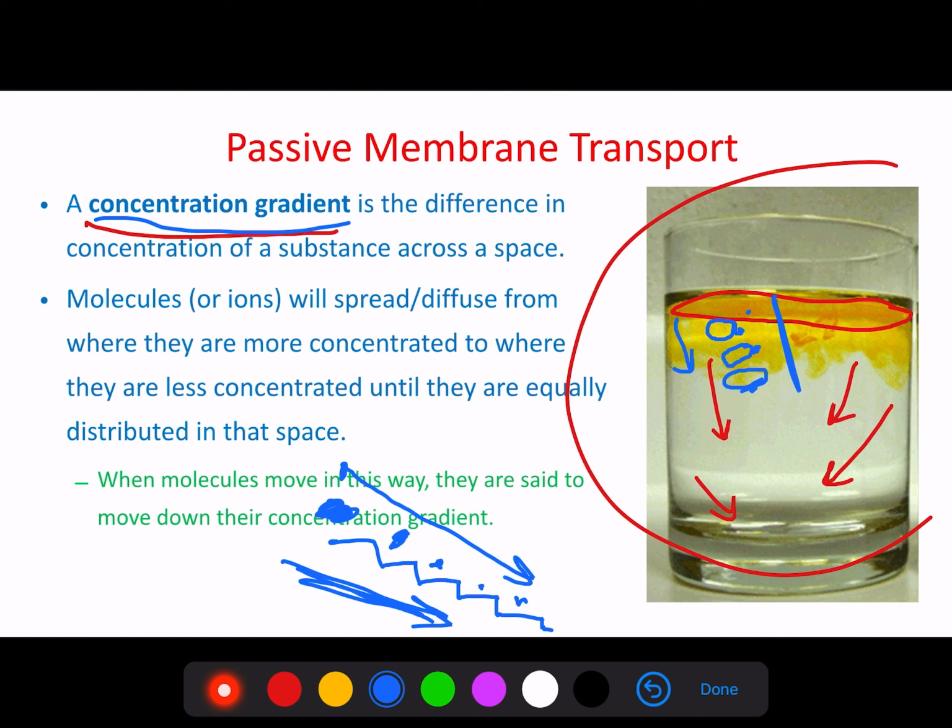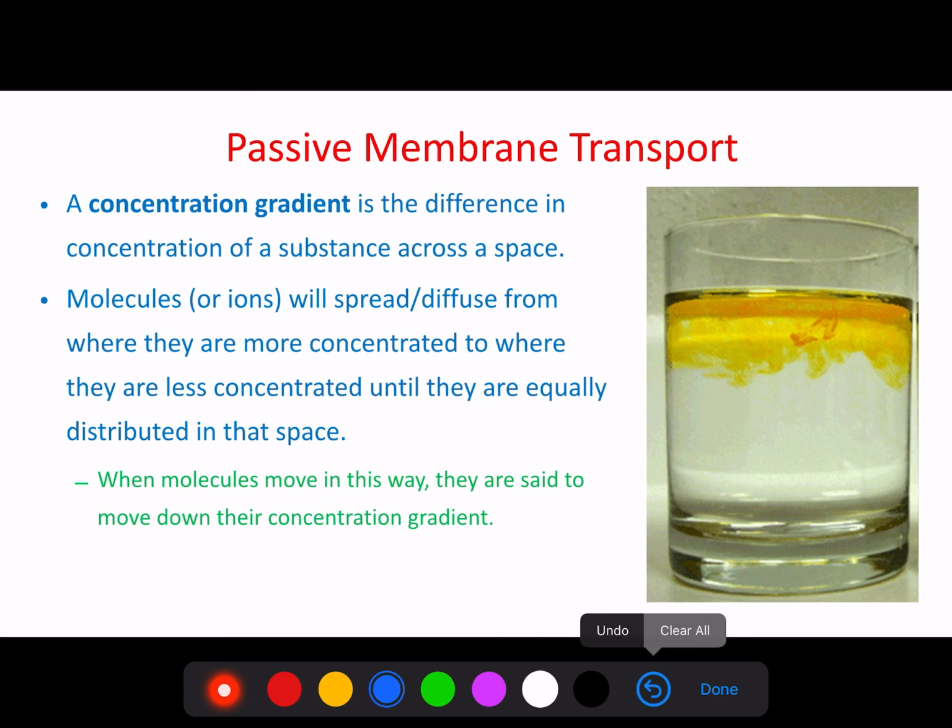Again, because of the high concentration in this area and the low concentration in this area, the dye is going to move from the area of high concentration to the area of low concentration. And this is something called moving down their concentration gradient.